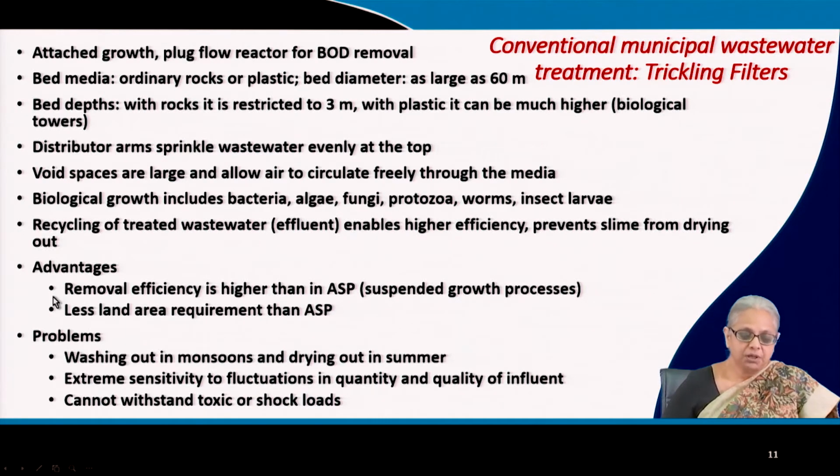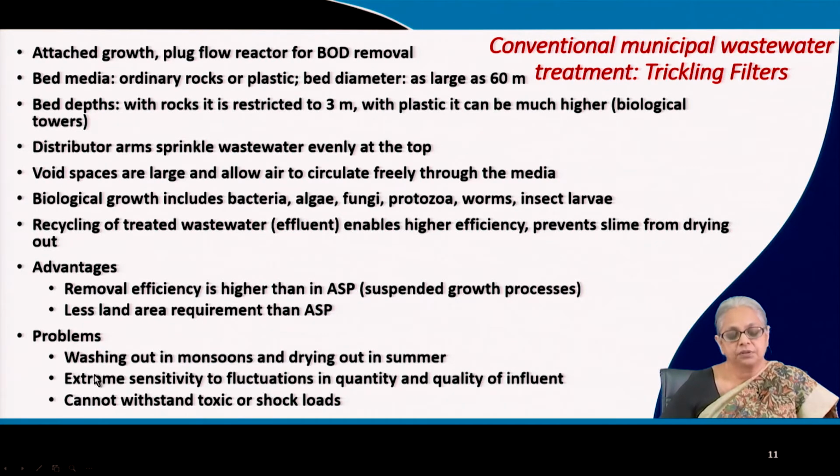Advantages of this process, the first thing is that the efficiency of all attached growth processes in general is higher than suspended growth processes. So that is very clear between the two types of process. And because the efficiency is higher, the land area requirement is also less. These are the major advantages.